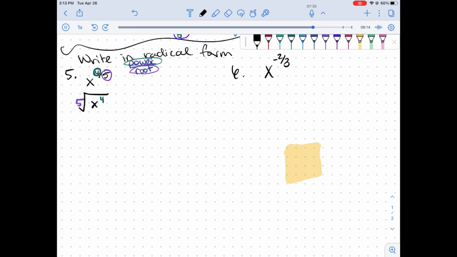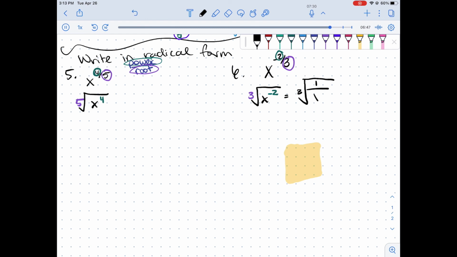And just one more time here, I know I have power over root. So I know I have the 3rd root of x, and my power is -2. Now, we don't want to have a negative exponent, and that says I need to move it to the denominator, but I still have this cube root.